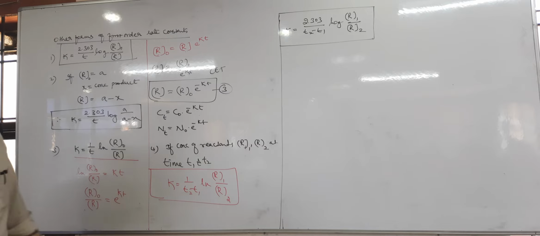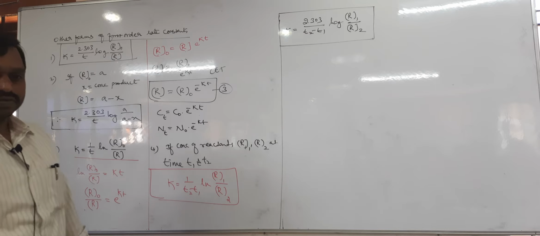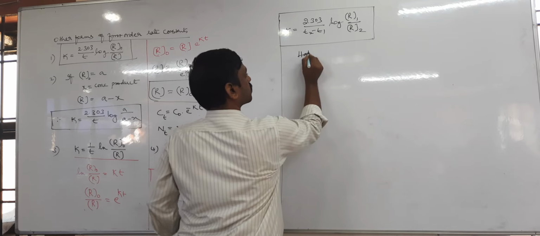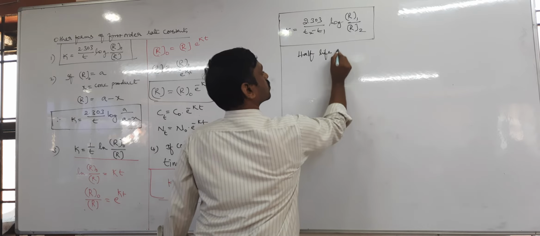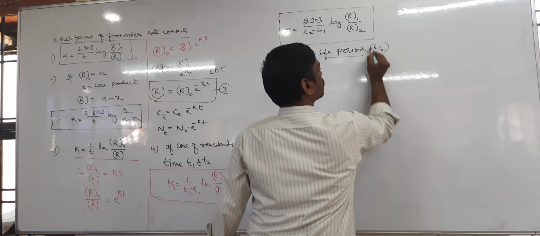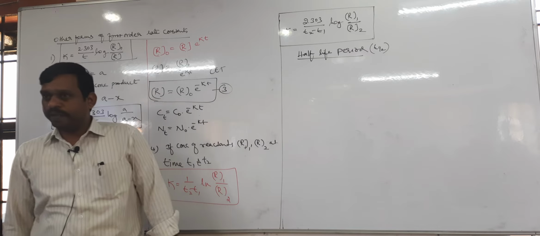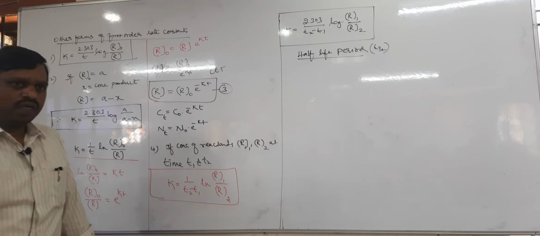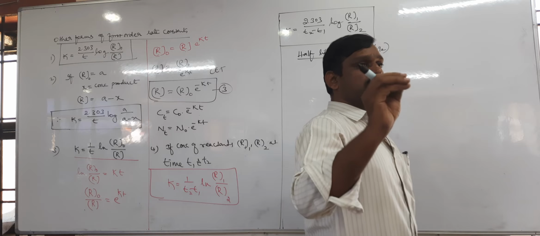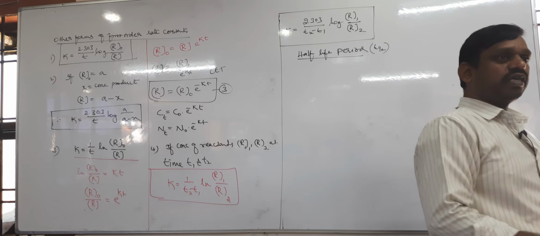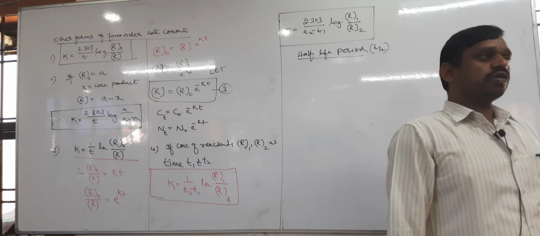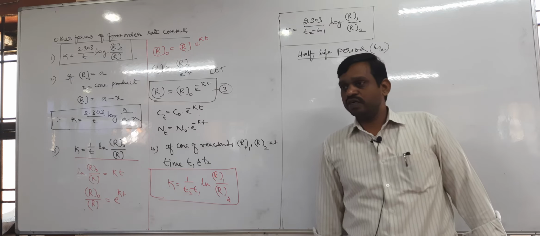Okay, so next is half life period, completed or not completed? Half life period, T half. So what is half life period? The time taken to convert half of the concentration of reactant into product is called T half or the half life period of the reaction.